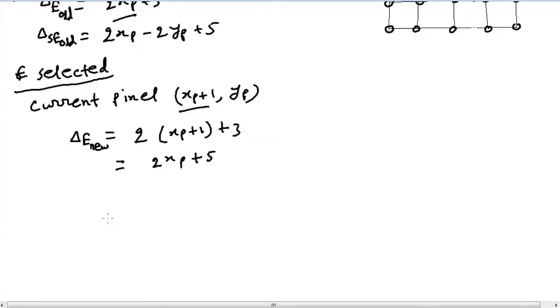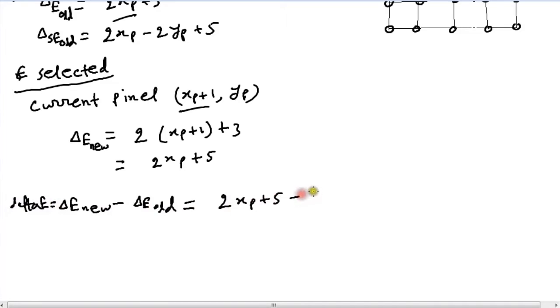If I find the difference between the two del E's, what do we get? We have del E new minus del E old, and let's just call it delta E. If you subtract the two, twice XP plus 5 minus twice XP minus 3, we get 2.